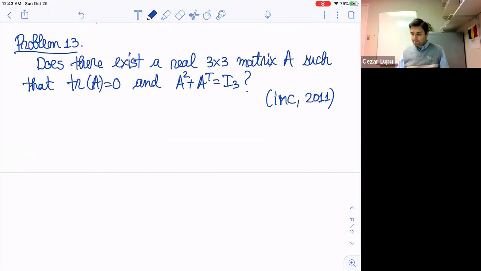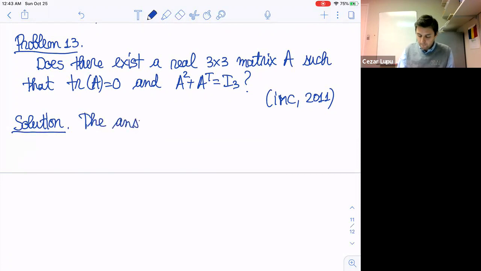Well, let's see. So probably you would think that the answer is no. So the answer is no. So let's look at it. You see, I have the transpose there. So maybe I could just take the transpose.